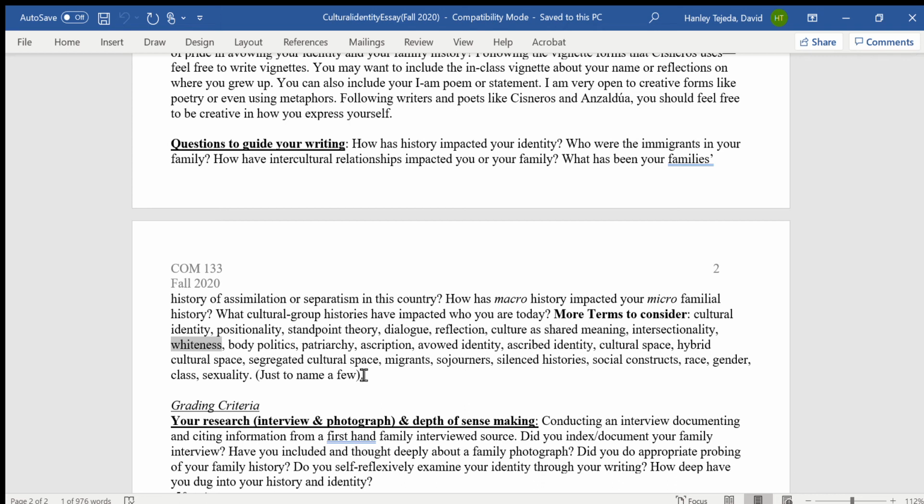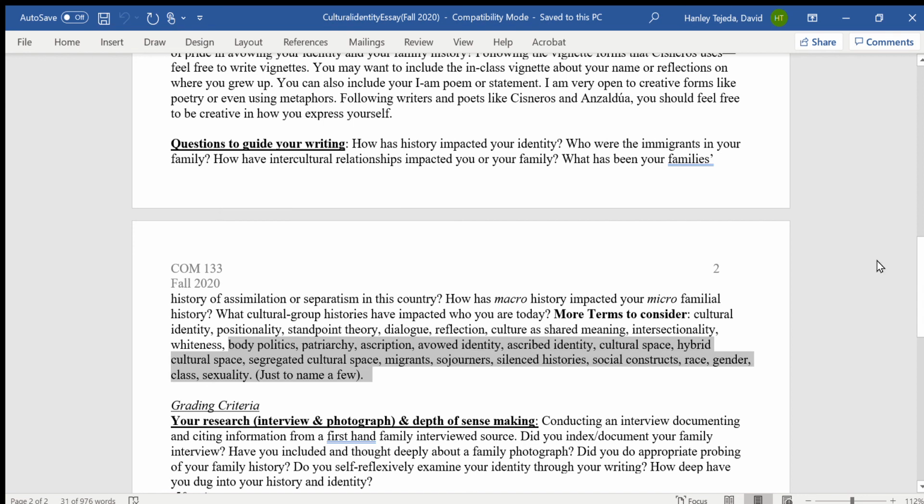But it's actually a position of privilege, and so maybe becoming more aware of your privilege could also be a part of the paper. Really open to that. Body politics, patriarchy, ascription about identity, ascribed identity, cultural space, hybrid cultural space, segregated cultural space, migrants and sojourners, silenced history, social constructs, race, gender, class, sexuality, just to name a few.